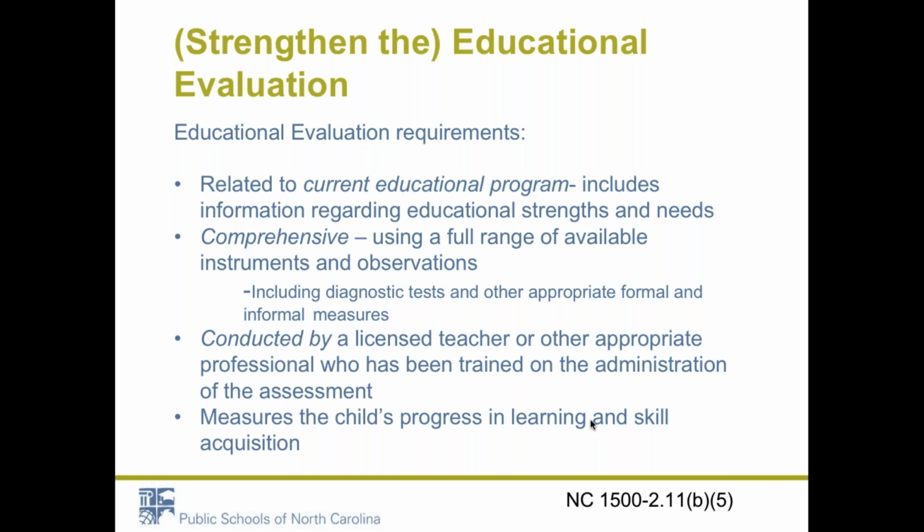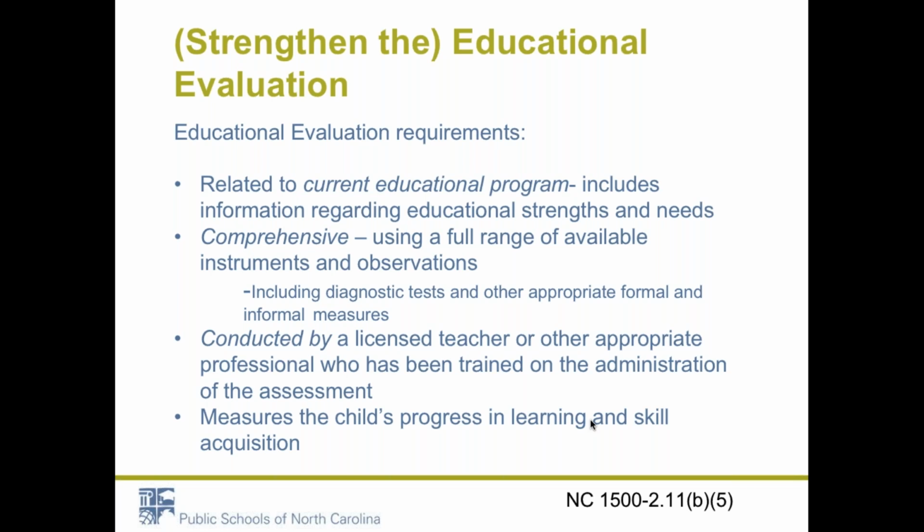As you can see in the policy references there, I just pulled out the big picture items. It's lengthier text and definitions, but an educational evaluation already requires that we evaluate something related to the current age or grade level, the curriculum that this child is in.